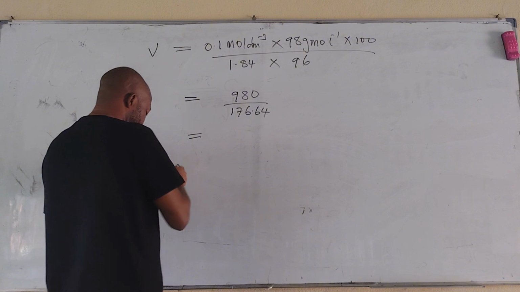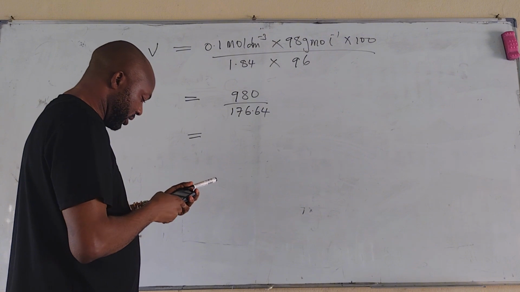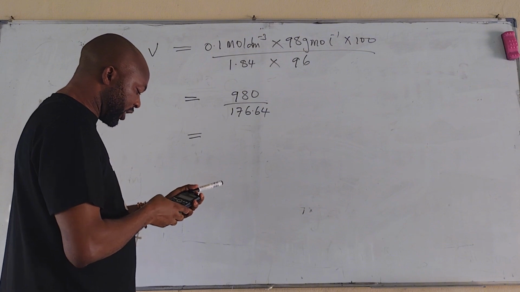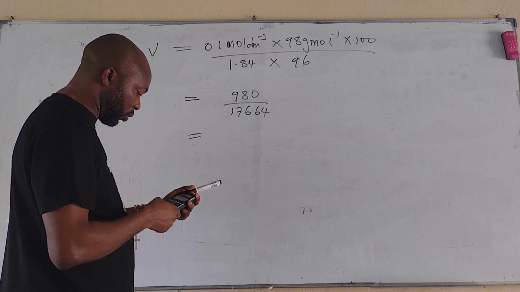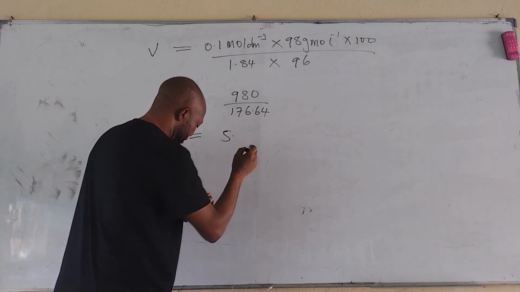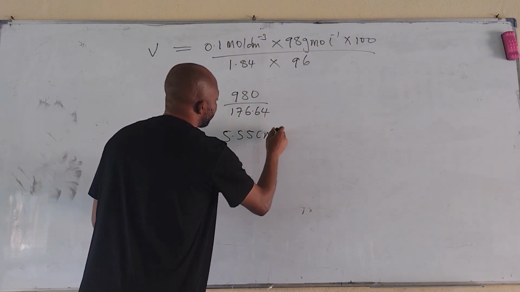So 980 divided by 176.64 is equal to 5.55 cm³.